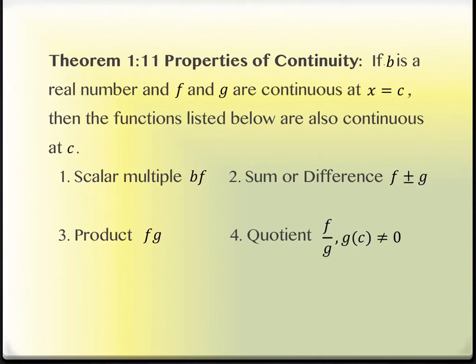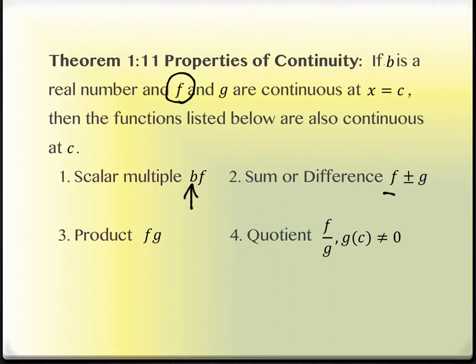Properties of continuity. So you've seen some of these properties already with limits, and since continuity is based on the idea of limits, it makes sense that these properties come sort of almost for free as well. So if b is a real number and f and g are continuous at x equals c, then as long as we have a function that is already continuous, if I multiply it by a number, that's what this is, a scalar multiple, it's still continuous.